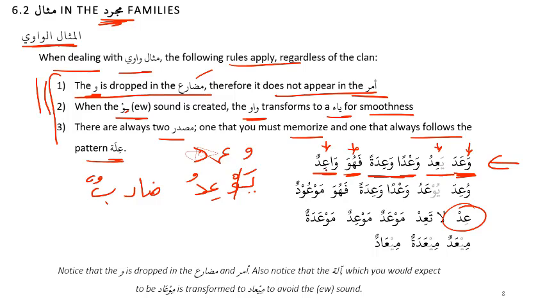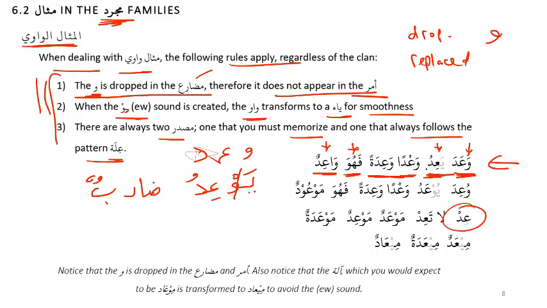The only issue happens with fail mudari where the waw is dropped. Do you think the waw is dropped or is it replaced by ya? So is it appropriate to say that waw is dropped or waw is replaced? In which case? In ya'idu.